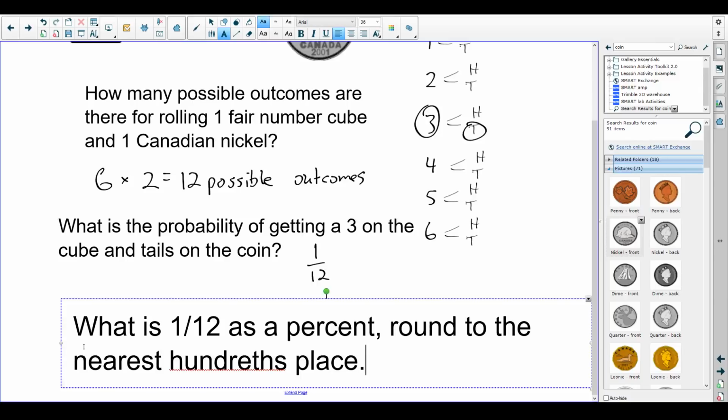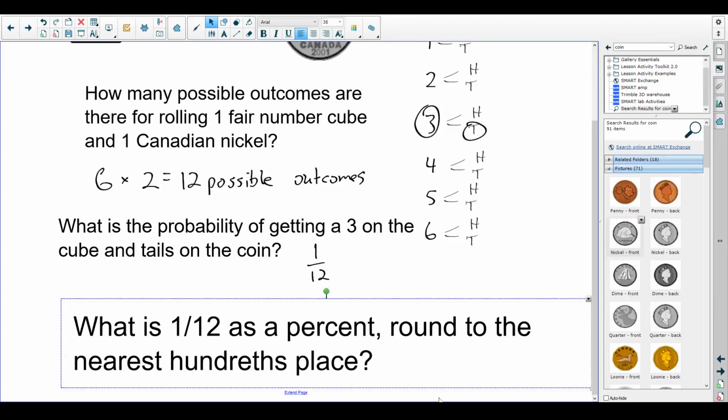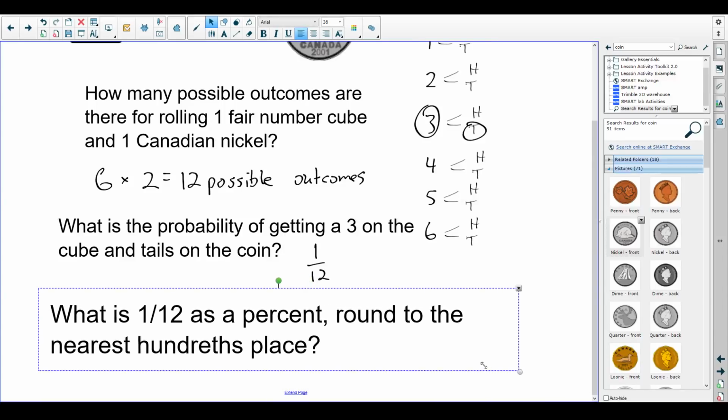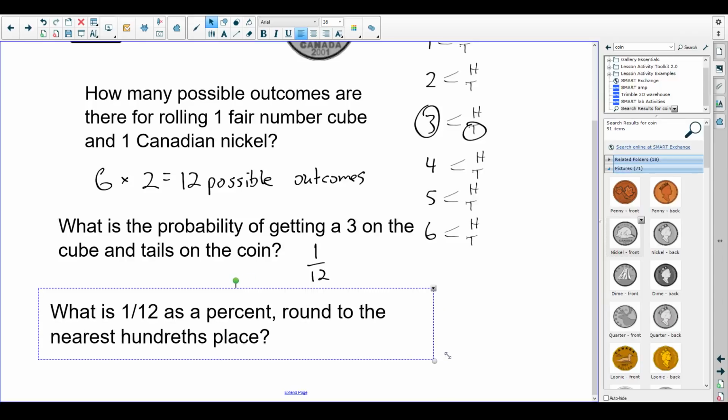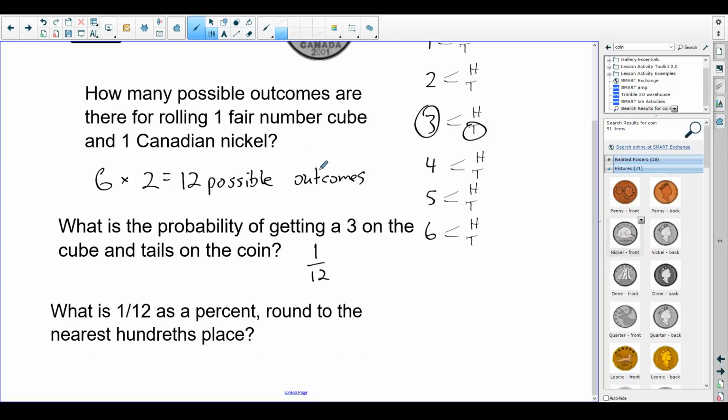.8 is not even a percent. .83, still not a percent though. 83%? 1/12 is 83%? You're saying if you got one question right on a 12-question test, that's 83%?